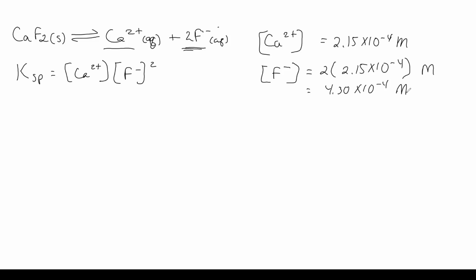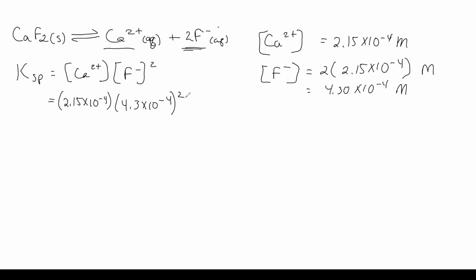Okay, so now we know our fluoride anion concentration. So now all we want to do is substitute it into our equation. Don't forget to square the fluoride anion, or else you'll get the wrong answer. Okay, that's going to be squared.